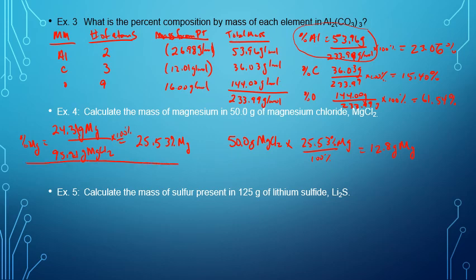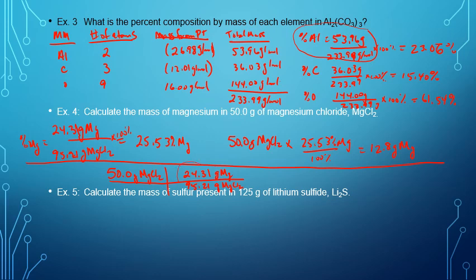Let me just draw a line out here so you can see a little bit more simplistic process. So I can take the 50 grams of the magnesium chloride, and hopefully you can see here with my grams of magnesium chloride, I can place that into the denominator. And as I was mentioning here, if I do the molar mass, 95.21 grams of magnesium chloride, there are 24.31 grams of magnesium inside.